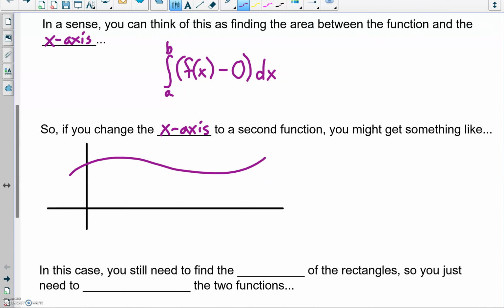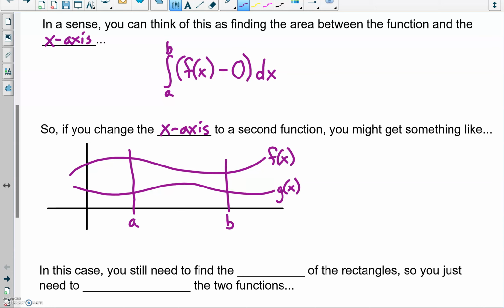So you still have maybe the f of x looking something like this. And then the g of x, let's do maybe something like this, a second function beneath the f of x. And we'll still go between the a and the b. We still need to find the height of the rectangles.